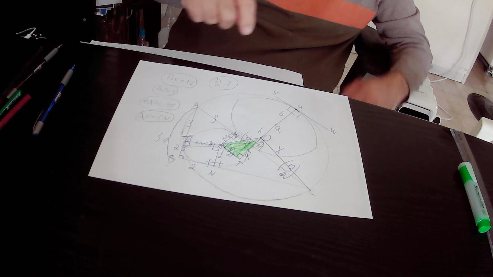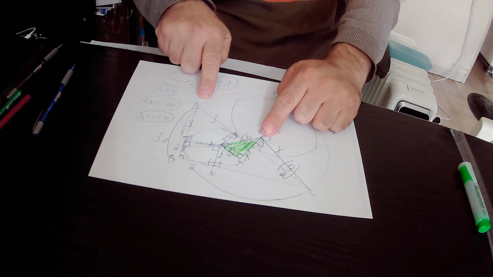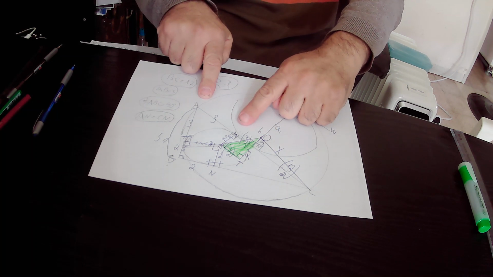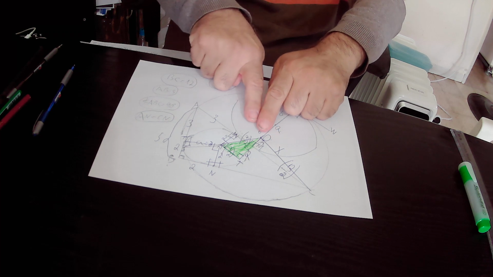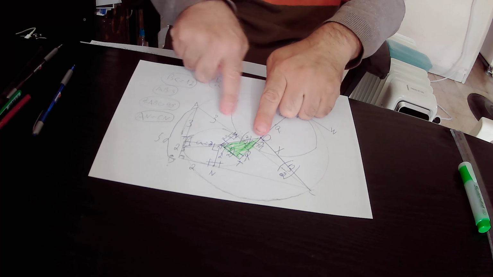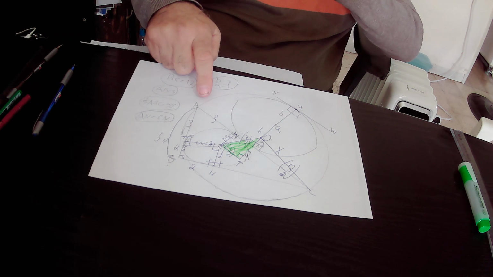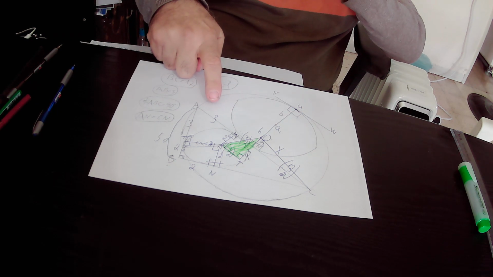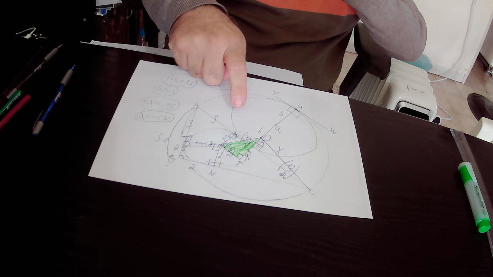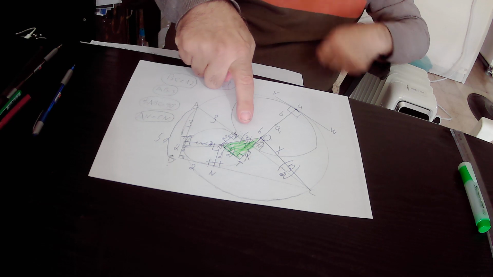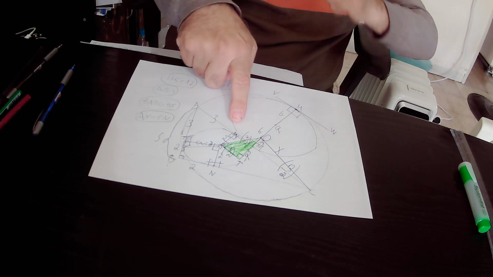And here we found out that AN equals 13 over 2, AM equals 3, therefore AN minus AM equals MN. AN is 13 over 2, AM is 3, therefore MN equals 13 over 2 minus 3, that is 7 over 2. So MN equals 7 over 2 units in length.